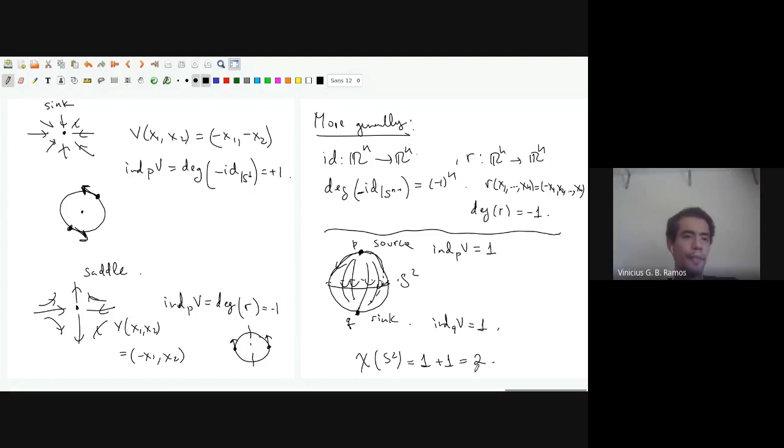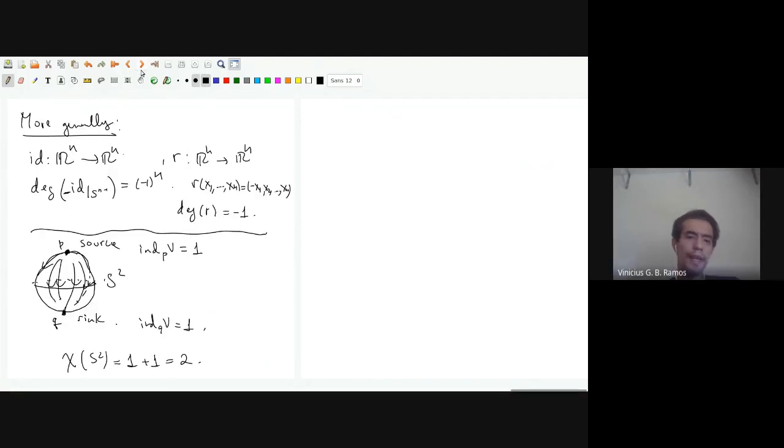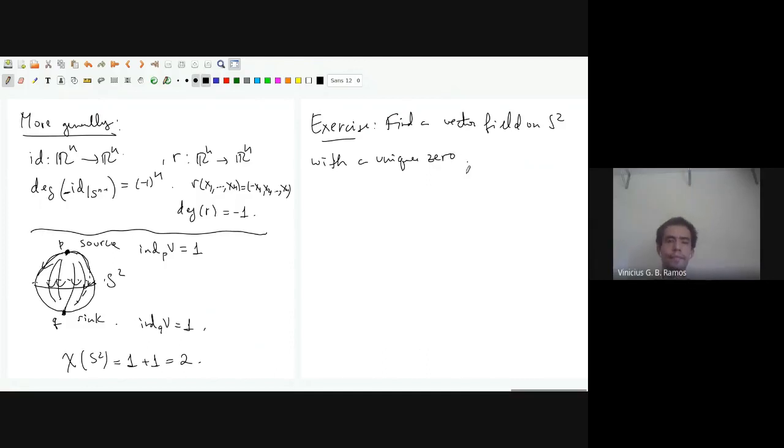Okay. So maybe one thing that's kind of interesting, maybe I can write this as an exercise, is find a vector field on S2 with a unique 0. Okay, so if it has a unique 0, then the 0 had better have index equal to 2.